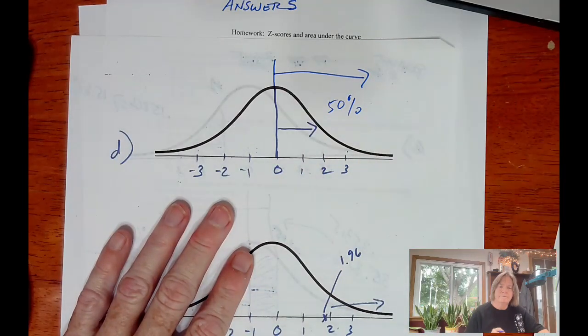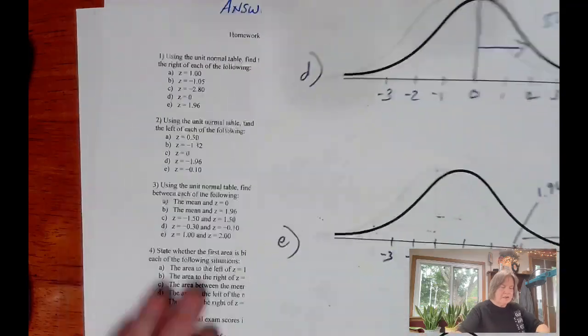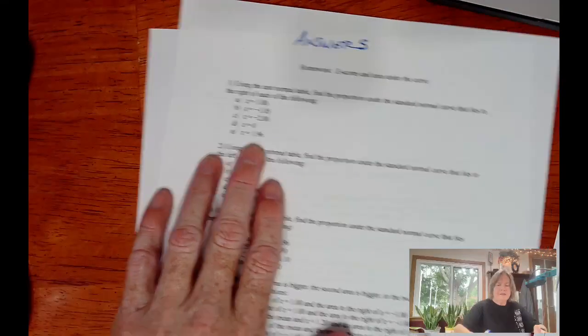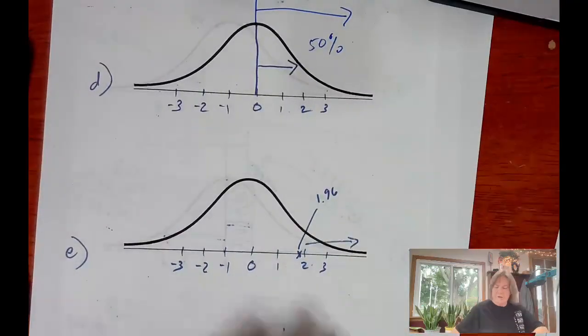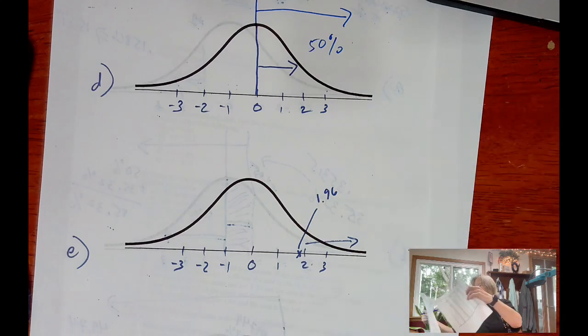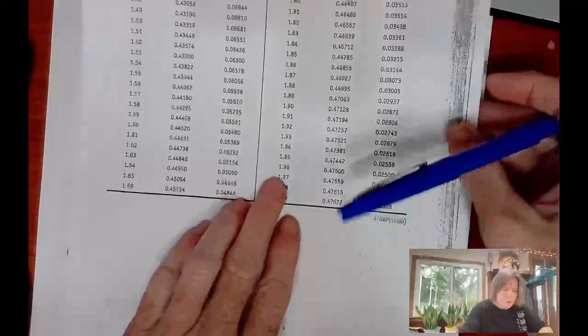The last one is E, a z of positive 1.96. What is the area beyond that? Here we are.